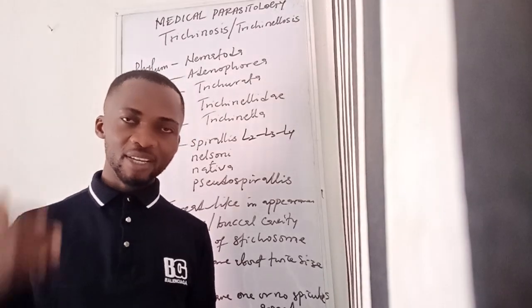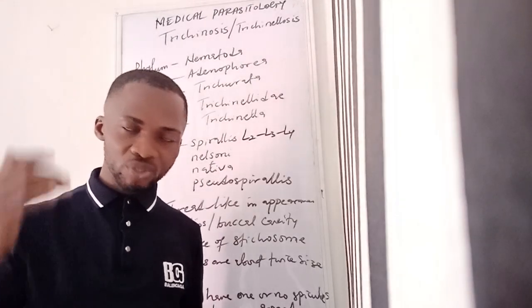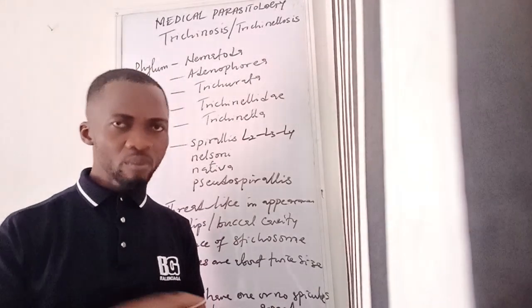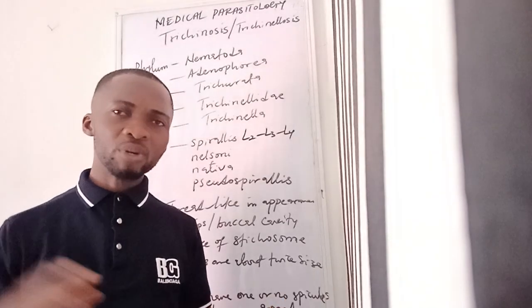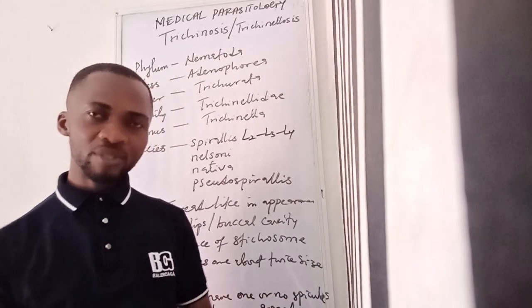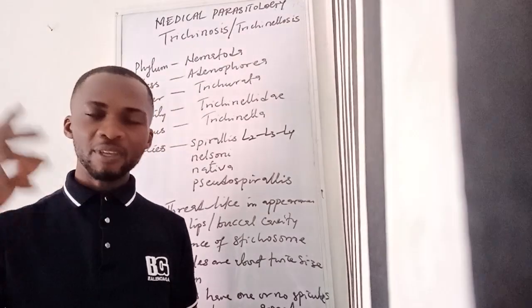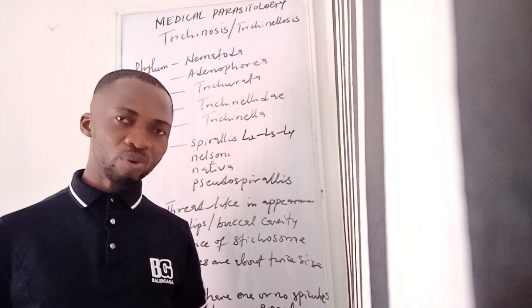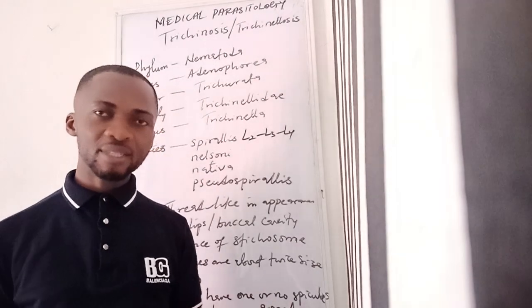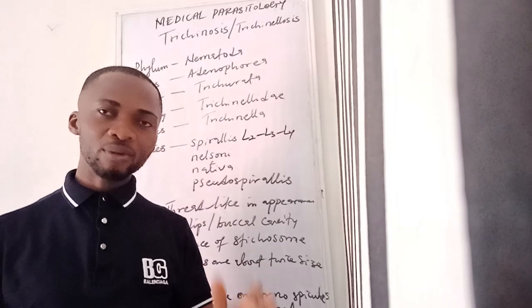For instance, it gets to the lungs and inflames them, resulting in pneumonia. It can also cause accumulation of fluid within the region where it passes through, resulting in what we call edema. It can also inflame the liver, resulting in hepatitis, that is inflammation of the liver. That is the second stage.